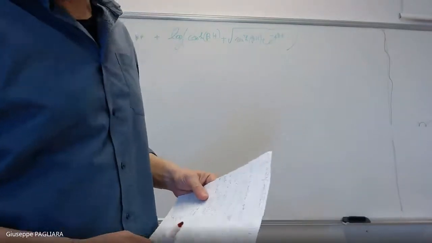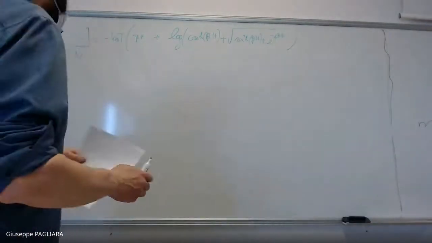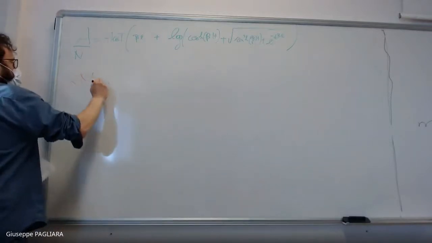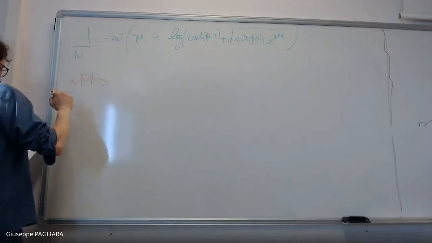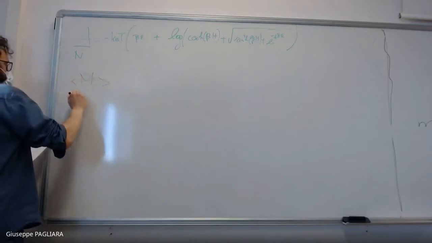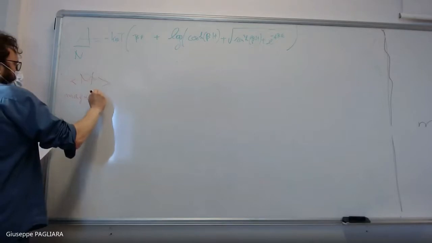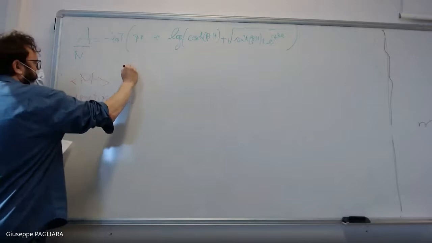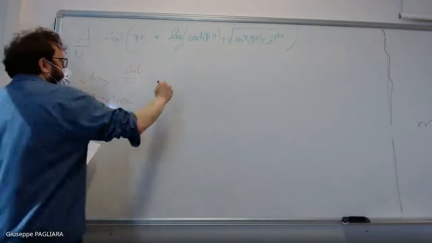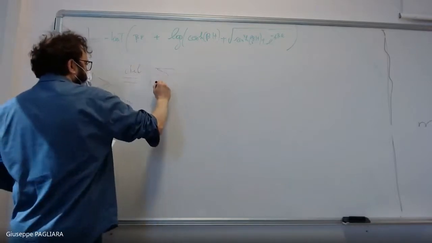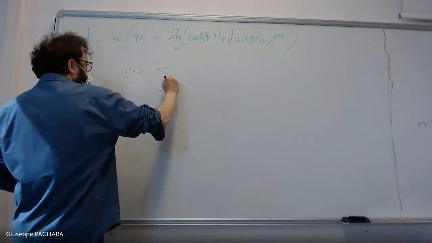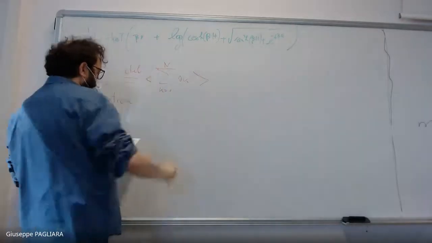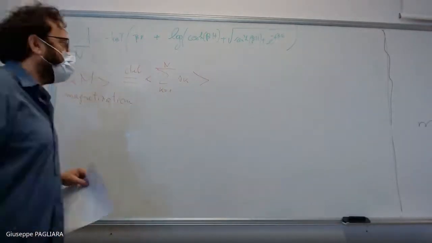But first of all, what I want to compute is the magnetization, which we call M. So this is the magnetization, which is equal by definition to the sum from k equals 1 to N of S_k average, where the average is an ensemble average.